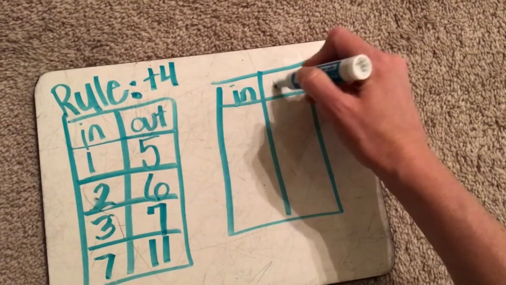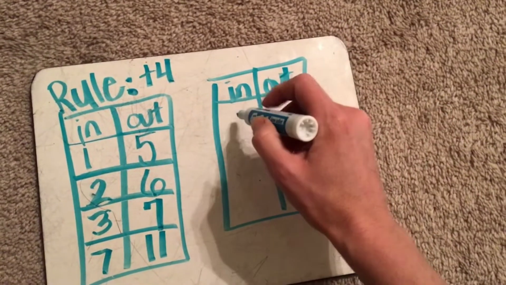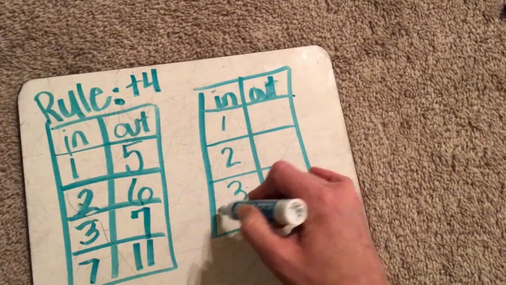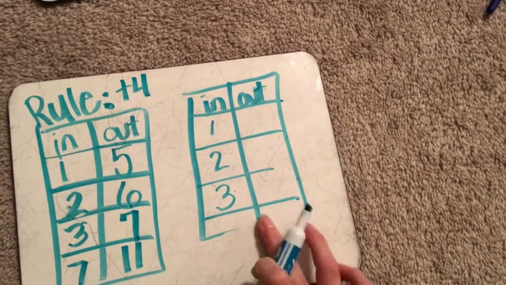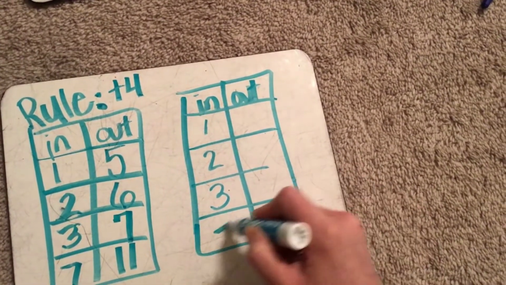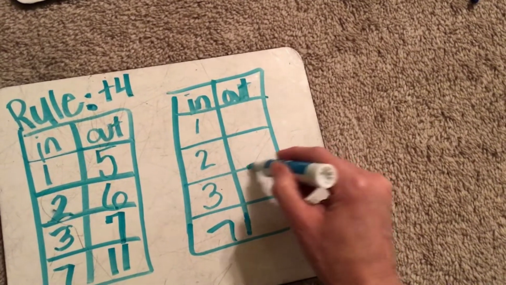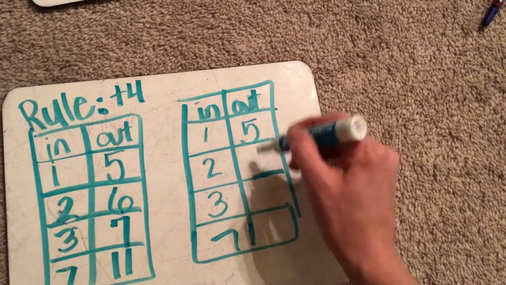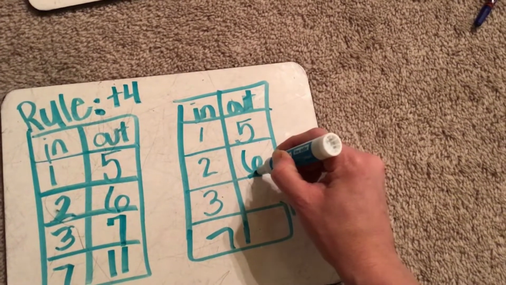Now, if I had the same exact table, we had the in and the out. It went 1, 2, 3, and I think I'm going to give myself some more room. 7. But let's say I had the 5, the 6.